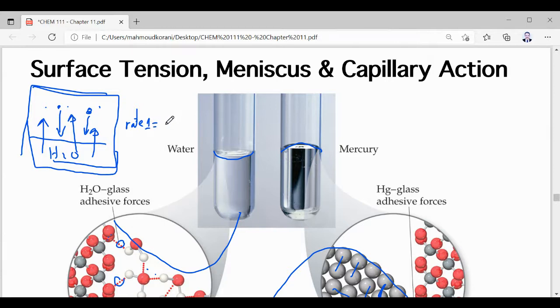At that point, this space is saturated with vapor molecules, and the number of vapor molecules is fixed, because if something evaporates, the same amount will condense again. So at that point, the vapor exerts a pressure above the surface of the liquid. When the two rates are equal, this pressure is called the vapor pressure.